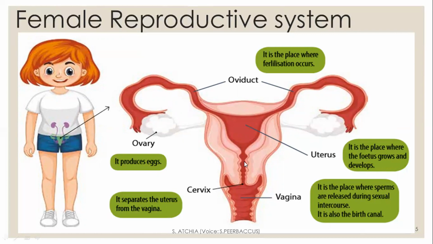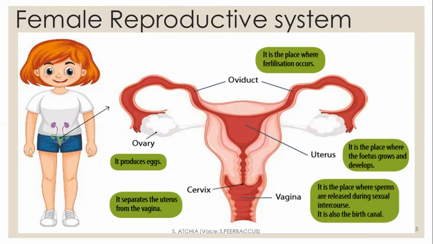The uterus leads to a tubular passage known as the vagina, and the cervix separates the uterus and the vagina. Let us now look at how all these work.